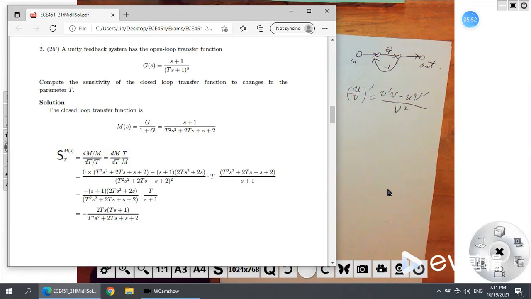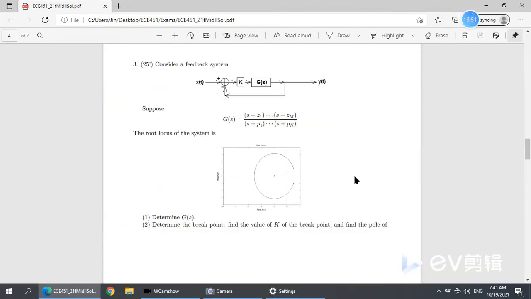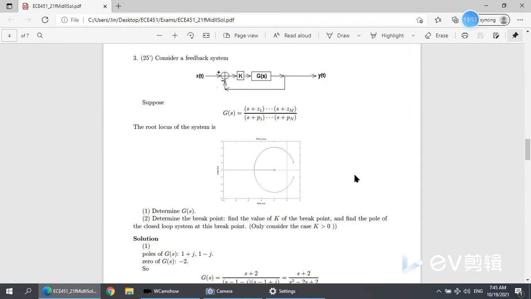Okay. Then let's go to problem 3. Third one. Okay. So here we have a feedback system, and we have a g of s, which, suppose g of s looks like this. So it is combined. It contains all the factors like s plus something, right?